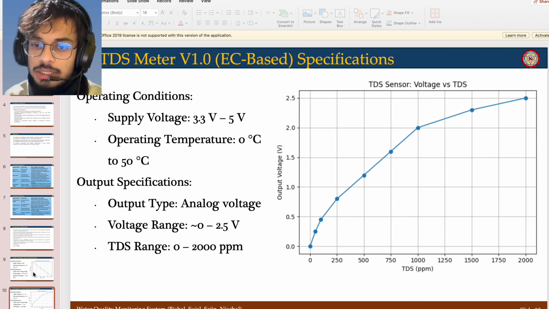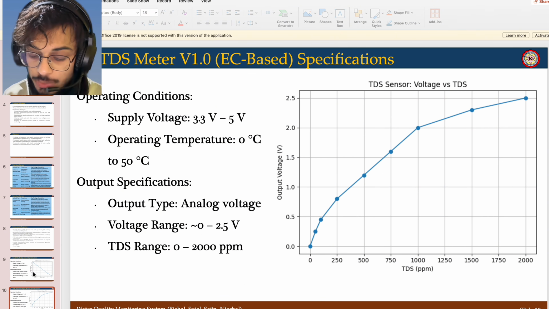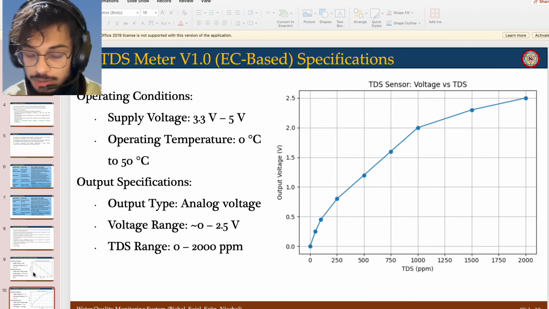The TDS sensor works on the concept that there are two electrodes with water between them. If there are high dissolved ionic solids, there will be high conductivity, and if there are low dissolved ions, there will be less conductivity. High conductivity will cause high current, and low conductivity will cause low current.